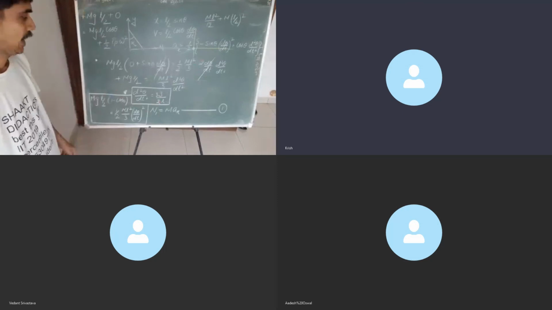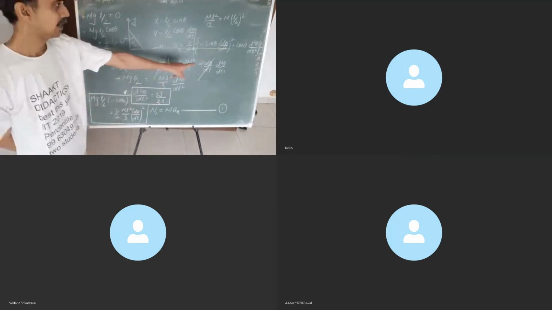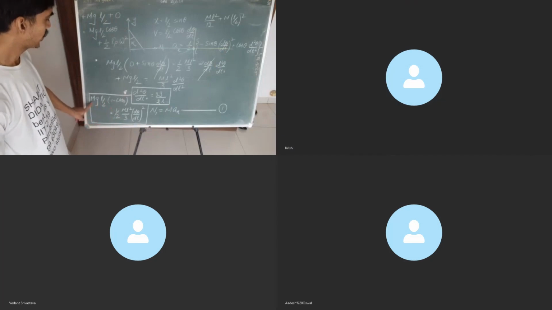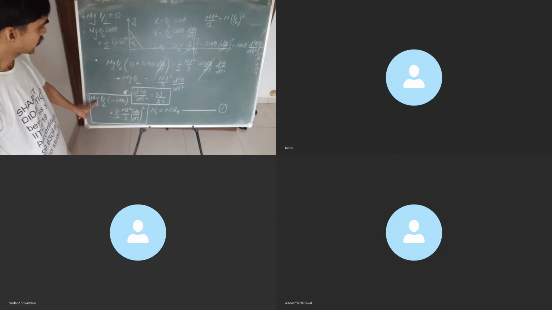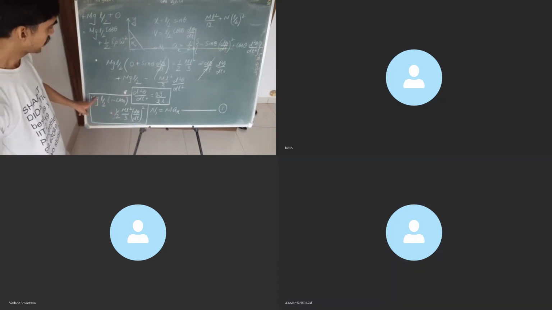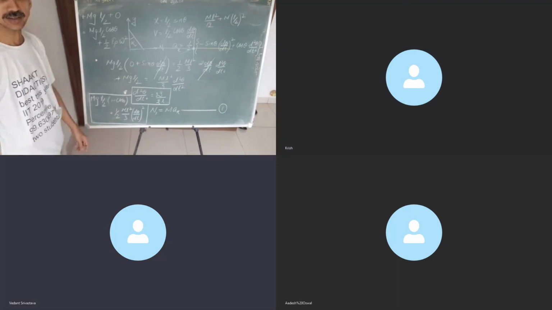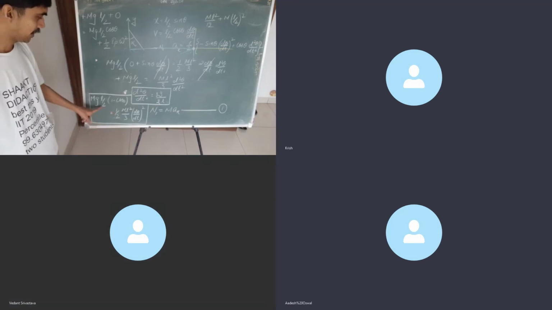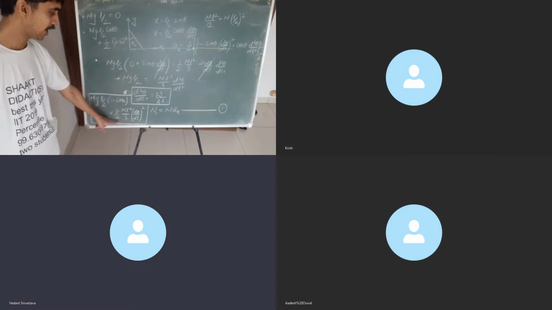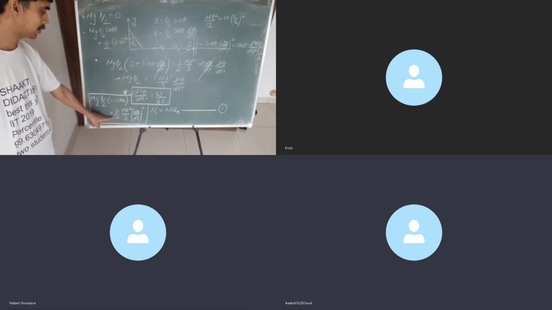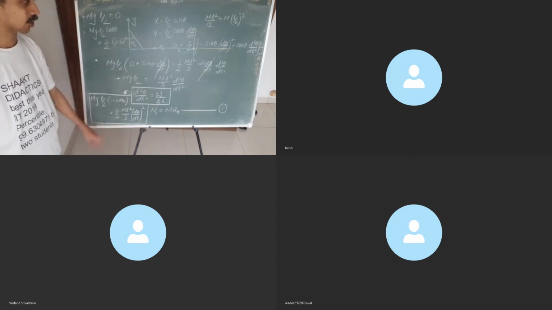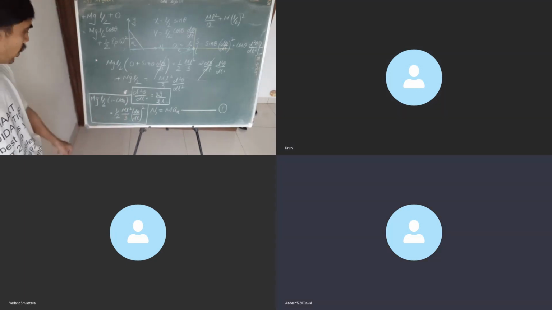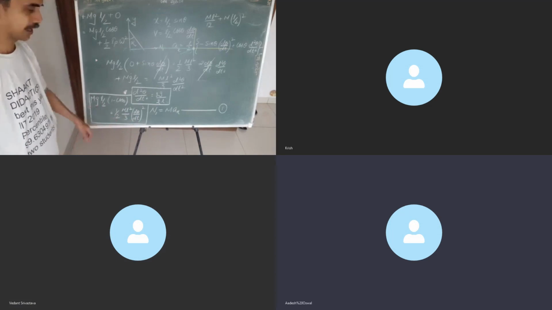And then you have replaced d theta by dt whole square from here, which will get you 6g by l into 1 minus cos theta, isn't it? Sir, I got 3g into 1 minus cos theta by L.